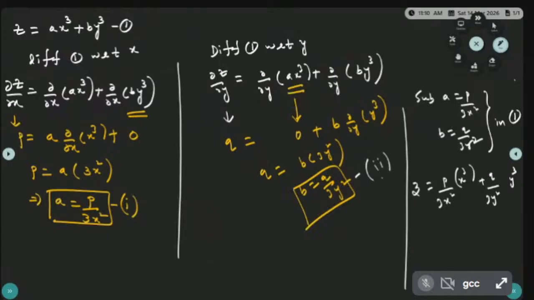X square, x cube cancel, z equal to p by 3x plus q by 3y. 3z equal to, send 3 to the left side.